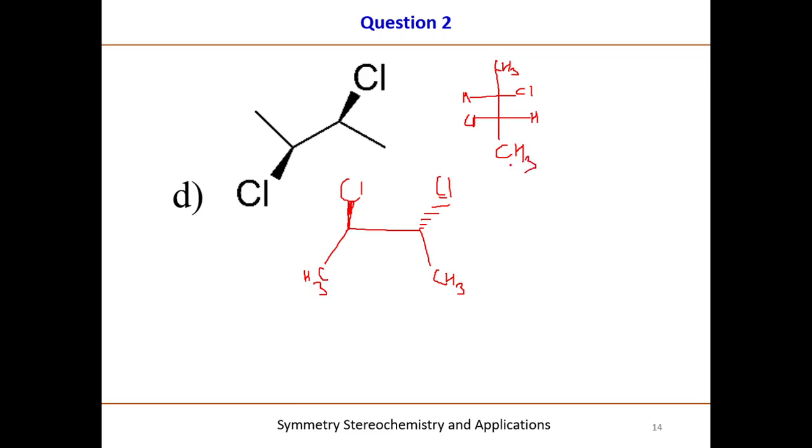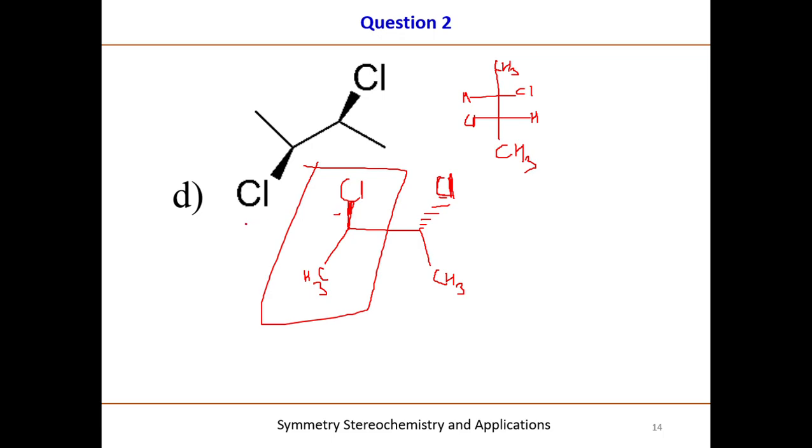Okay, now we have to check whether any plane of symmetry is present or not. If we pass the plane here, we will not get the mirror image of this one because this chlorine is on the front side and this is on the back side. That means both are different. So we will not get the same configuration by passing the vertical plane. Now let's check the horizontal plane.